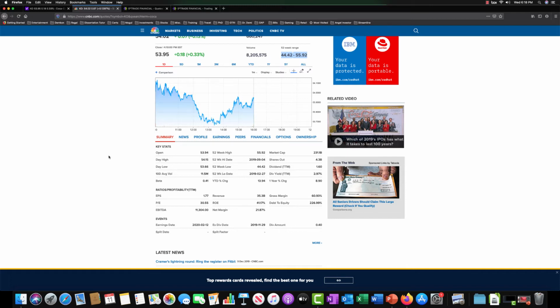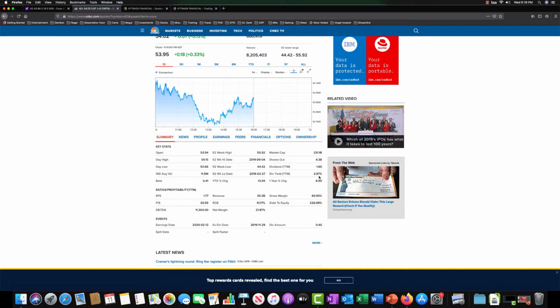The key stats and ratios: once again, if I'm buying a stock for the purpose of dividends, I want to know the dividend yield, which in this case is 2.97%. A dividend yield is the percentage of how much you will get in the form of interest over the course of a year versus the cost of the stock.